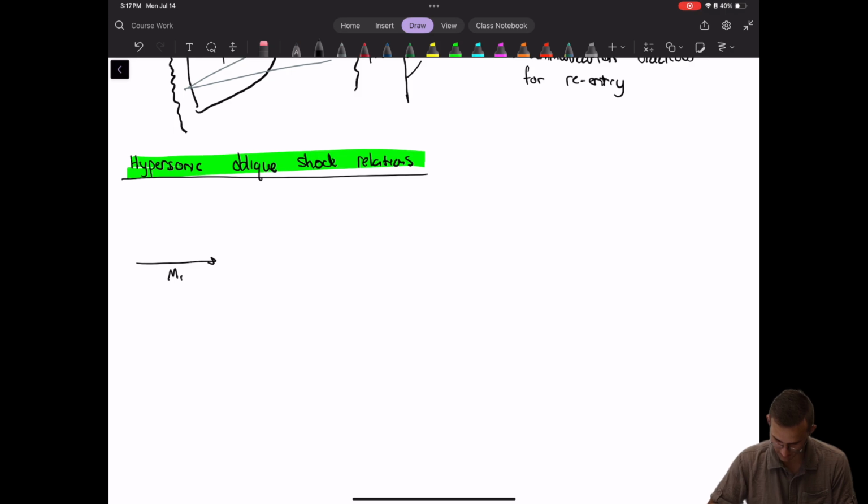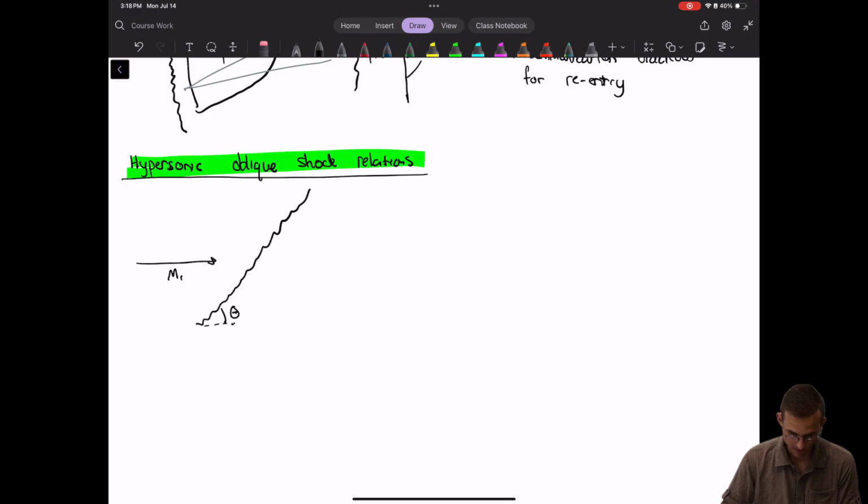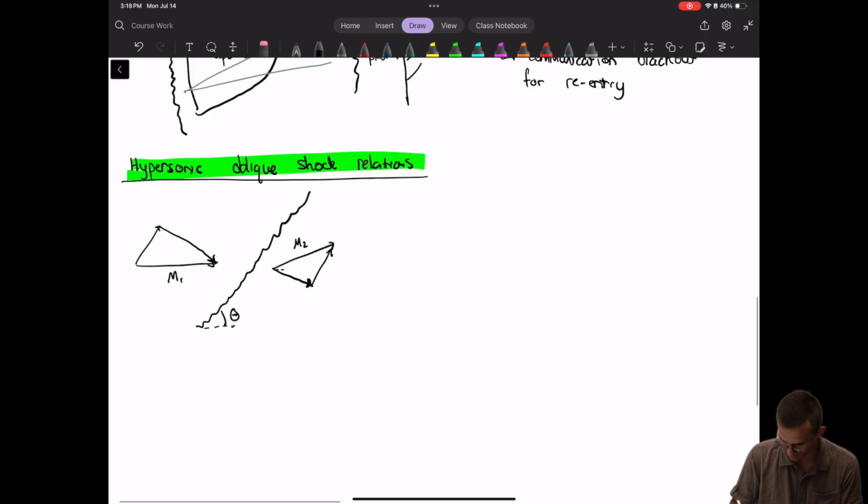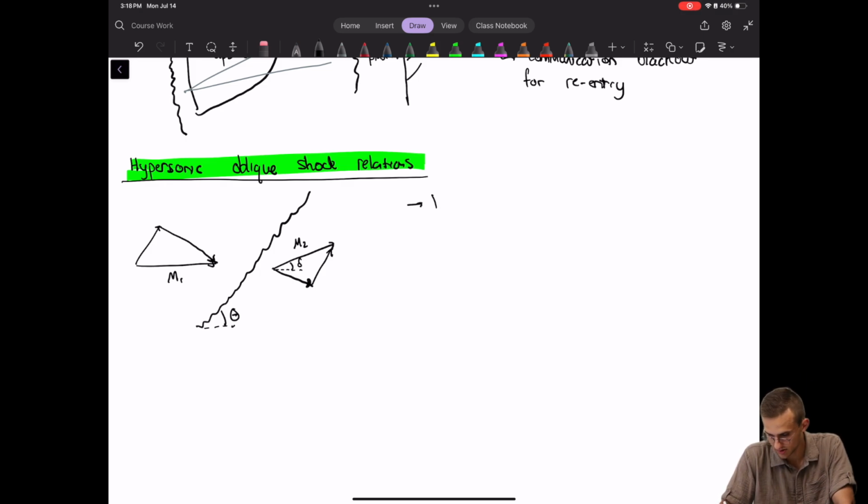We have our oblique shock occurring here at a shock angle theta, and then we have our parallel component and our perpendicular component. On the other side, we get this slightly deflected M2 with the same parallel component as before and a smaller perpendicular component. That overall deflection angle we'll call delta. So what we're going to do is examine all the oblique shock relations in the hypersonic limit.